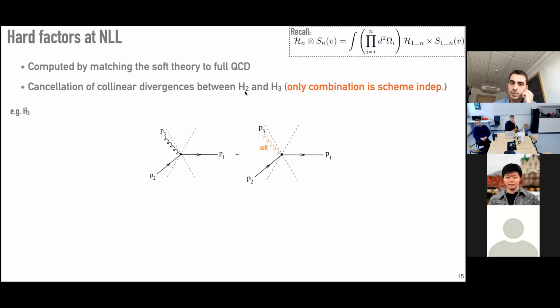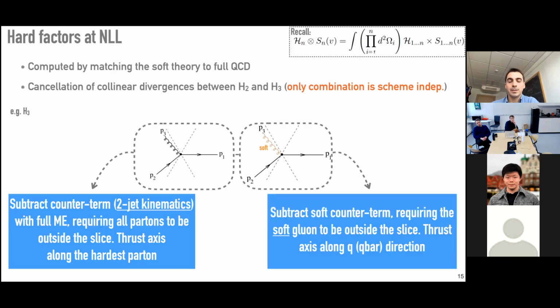So what we do is we introduce a so-called subtraction procedure that is standard in fixed order calculations, where we subtract from each of these two configurations the same configuration, the same weight, but with kinematics projected into the 2-jet limit. So this combination of these pieces with their own subtraction counter terms gives a finite result in 4 dimensions, so it can be computed numerically.